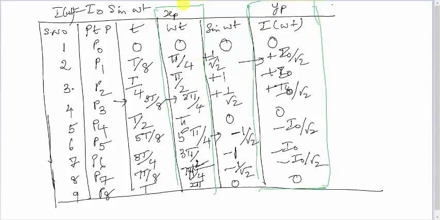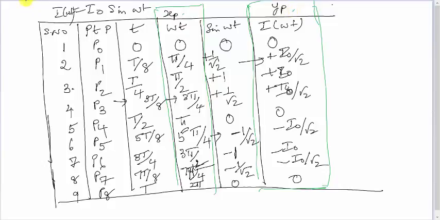So whatever is shown in the green outline, only those two will be cast again as interdependent functions, with this being the x coordinate and that being the y coordinate. I have particularly taken omega t because the NCERT textbook only draws a graph of omega t versus I. Therefore, we have taken omega t as the x coordinate and this as the y coordinate. That's why I have written here xp and here yp.